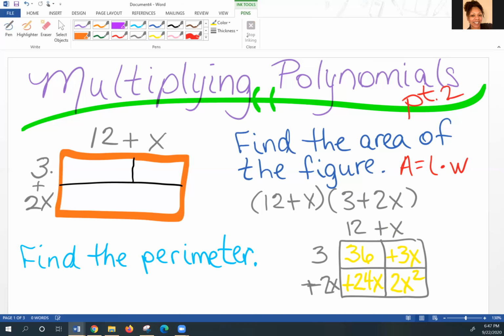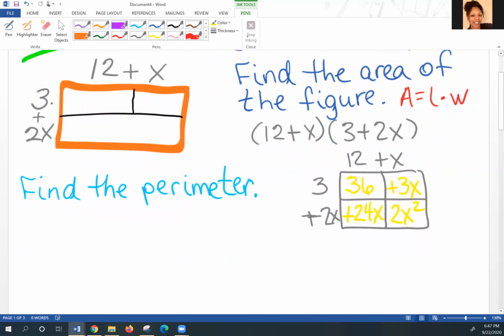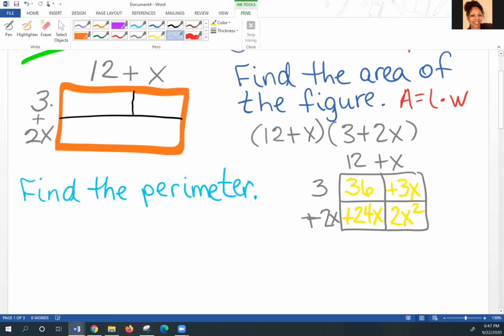Now what I want to do, if possible, is combine like terms. I see that I have two boxes that have an x in them, so I want to combine those, which leaves me with 36, if I'm going in order, plus 3x plus 24x, which is 27x, and then my last term is 2x squared.